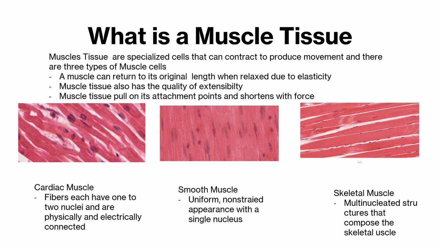All three muscle tissues can exhibit a quality called excitability, which causes their plasma membrane to change their electrical state from polarized to depolarized and send an electrical wave known as an action potential along the entire membrane.